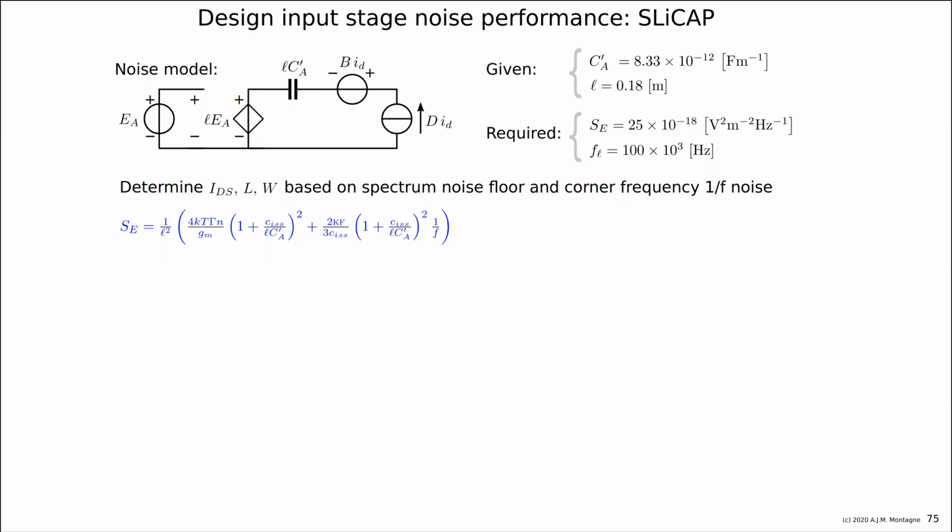Well, let's look at the formula again, and let's try to find a way to find this answer. The simplest way is, of course, to let Ciss approach 0. Then you see that this number, the second term, approaches infinity.